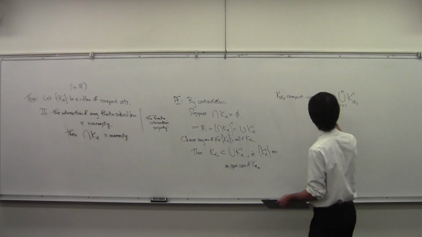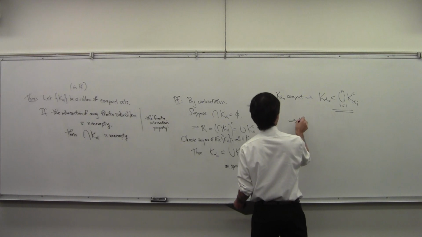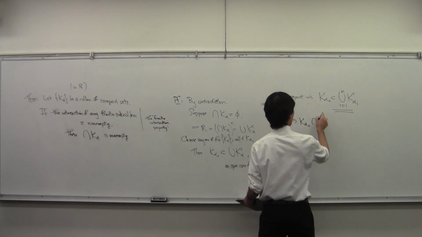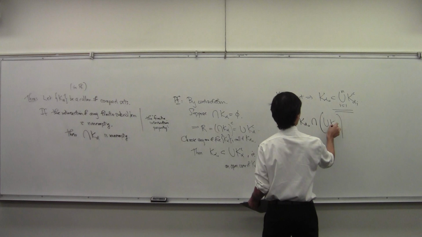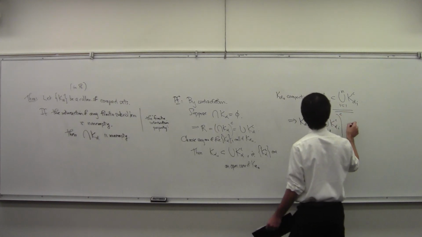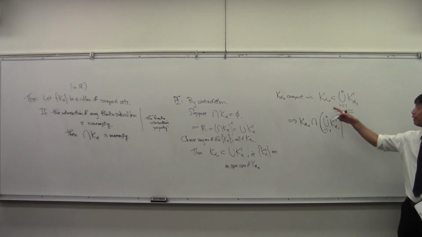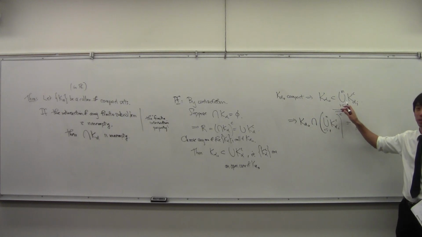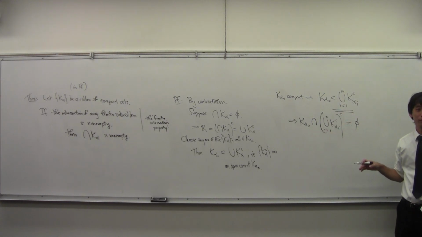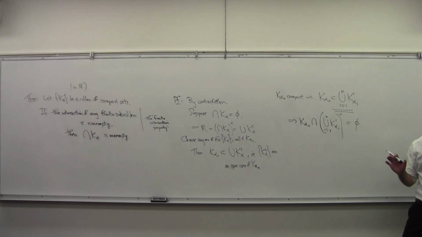So K alpha naught is contained inside of this union, which means K alpha naught intersect the complement of that is empty. Everybody all right?